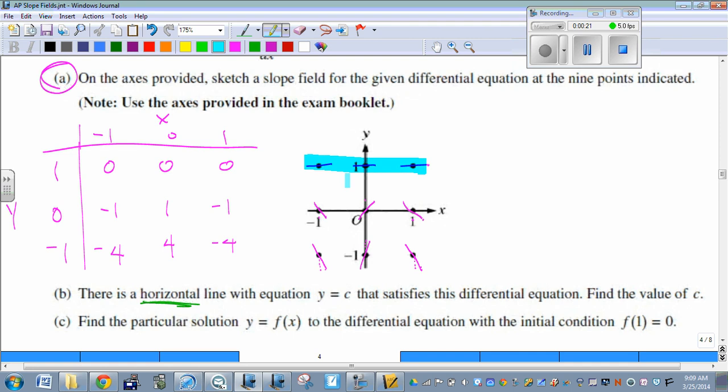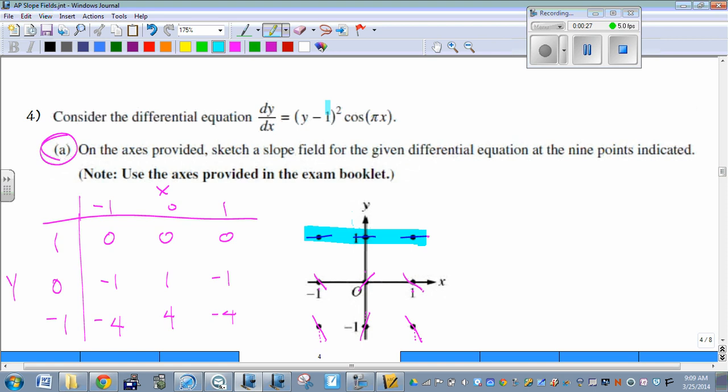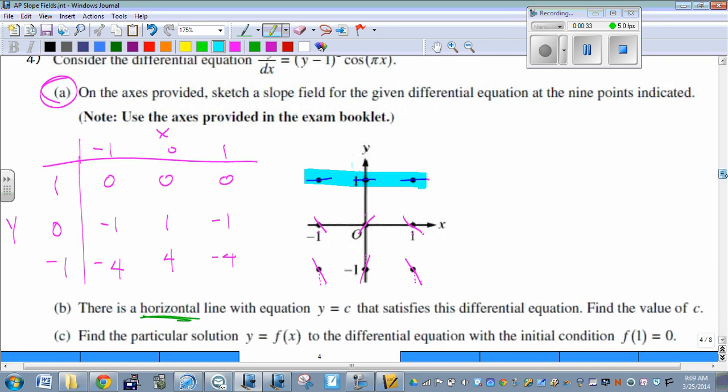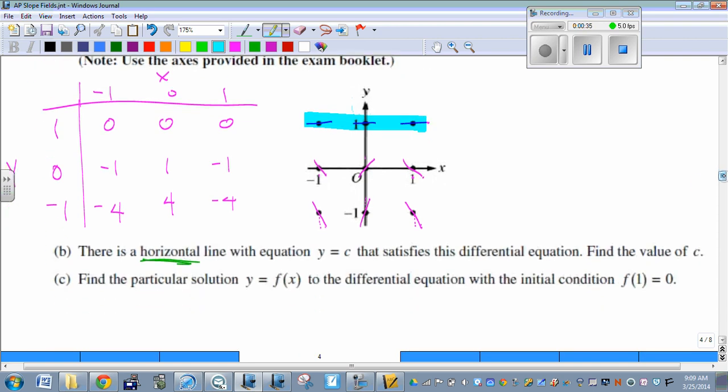When y equals 1, the slope is 0 because we end up getting 1 minus 1 squared gives us 0 squared times this. It's always going to be 0. So no matter what x is, if y is 1, our slope is going to end up being 0. So this is a pretty simple one. It's just asking the value of c where this happens, and that happens when c equals 1.